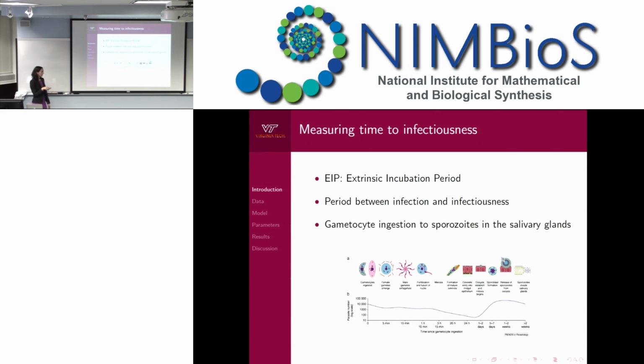And so here on the bottom is a schematic looking at the development of the parasite within the mosquito, starting off with these gametocytes, or the male and female stages, all the way through to the sporozoites in the salivary glands. And then on the bottom, this is a characterization of the rough numbers that we're seeing. You'll notice, maybe a little bit hard to see, that on the y-axis we have a log scale.